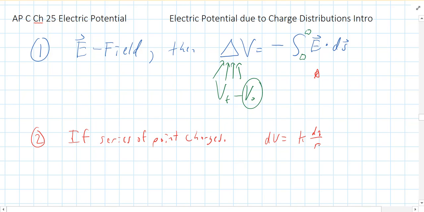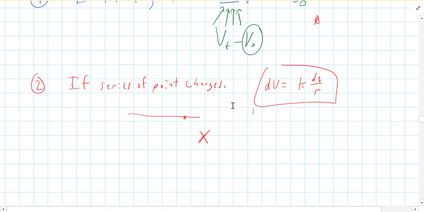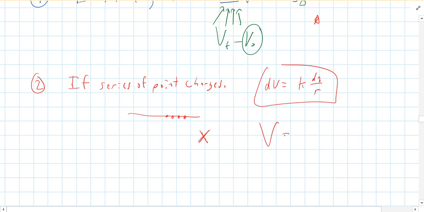In other words, let's say you've got a line of charge here, and you're trying to find the voltage, let's say right there. Well, this little point on that line makes a certain voltage at that X. Then you want to add up all the voltages made by all the points at location X, and you say voltage is K times the integral of dq over r.